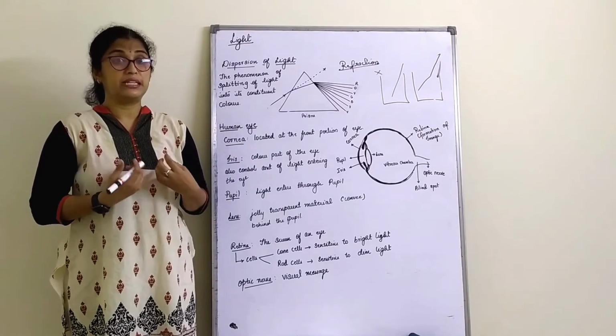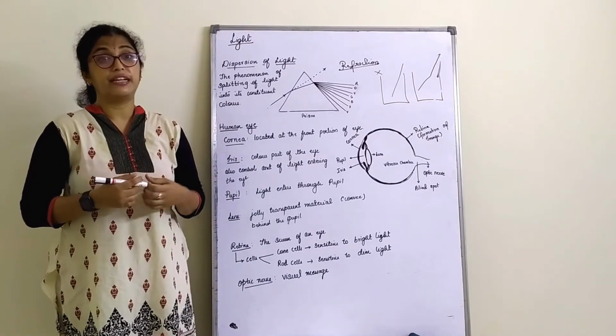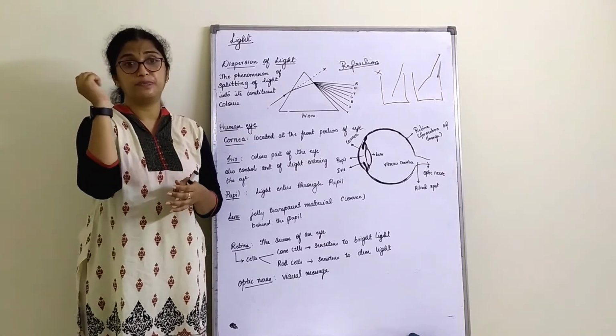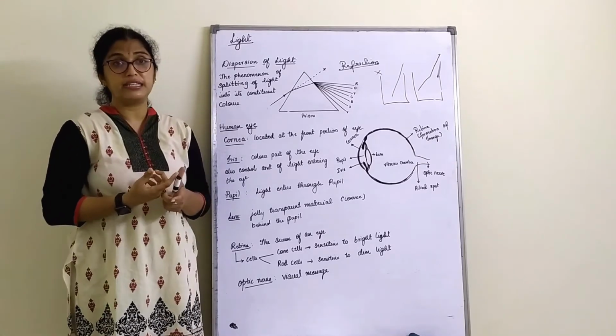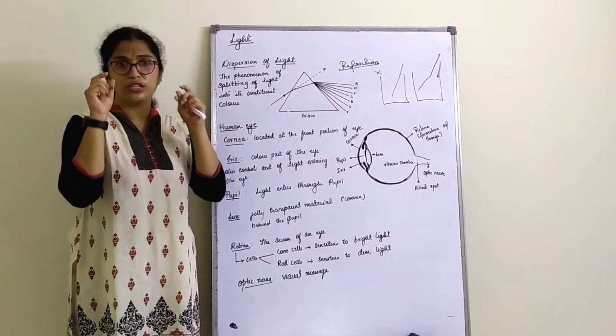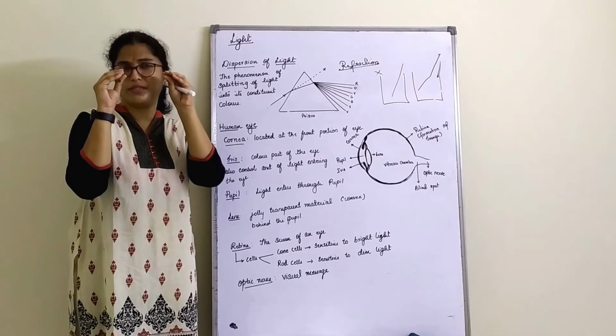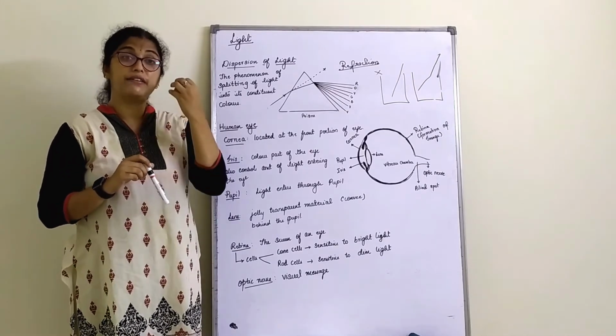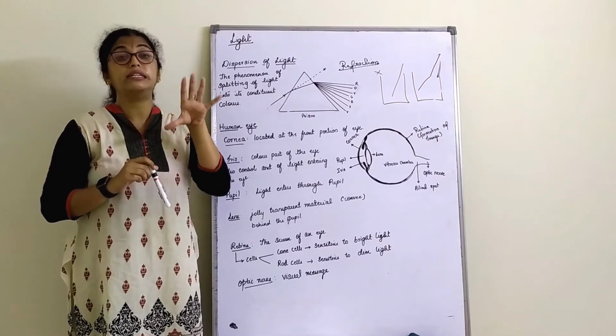What do we mean by the amount of light entering our eye? Suppose I take a torch and put it in front of your eyes, what do you actually do? You either open your eyes wide or you constrict your eyes, making them very small, correct? So the iris helps our eyes to contract and to dilate.